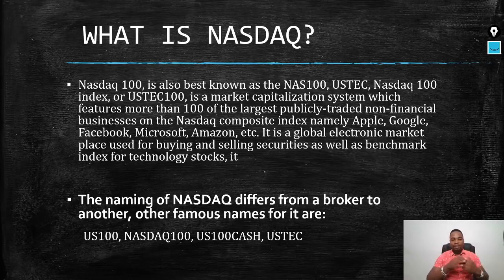It is the market capitalization system which features more than hundreds of the largest publicly traded non-financial businesses on Nasdaq Composite Index, namely Apple, Google, Facebook, Microsoft, and Amazon. It is a global electronic marketplace that is used for buying and selling of securities, as well as the benchmark index for technology stocks. So that is actually the definition of Nasdaq.